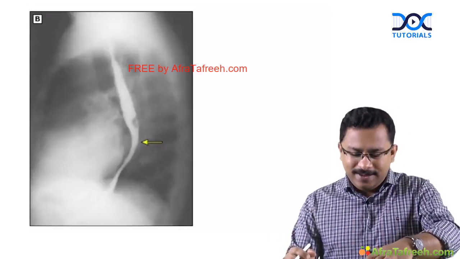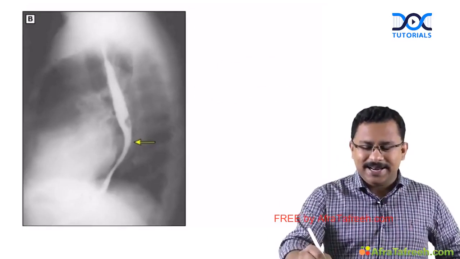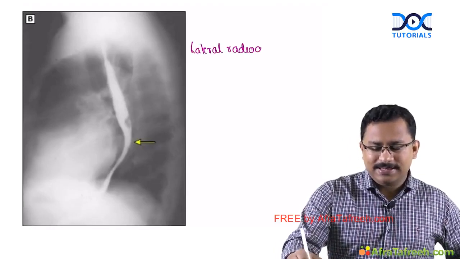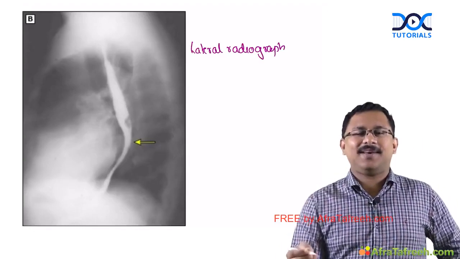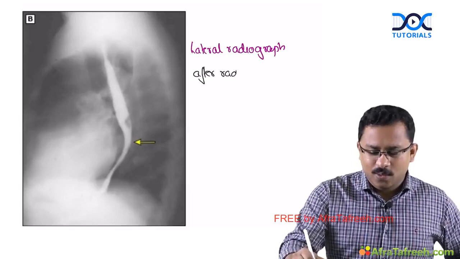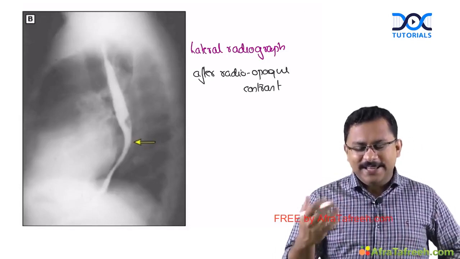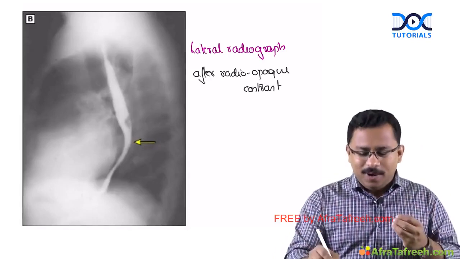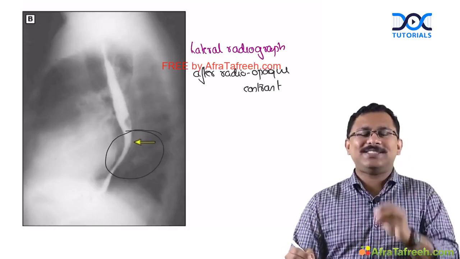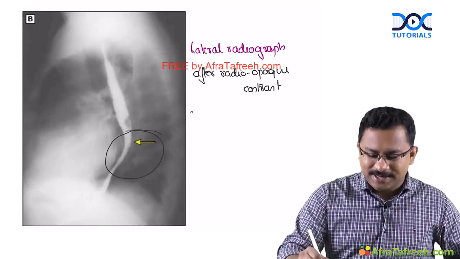Another radiological finding will be seen in the lateral. This is a lateral radiograph, and this is obviously after a radio opaque contrast. What is very striking here is that the lower part of the esophagus, shown by the arrow, is compressed by the enlarged left atrium.